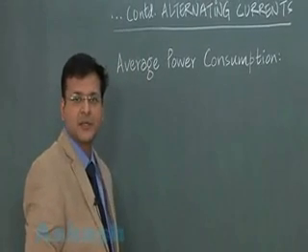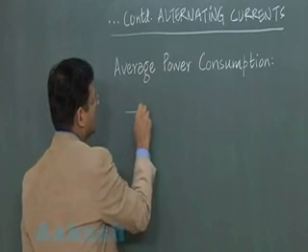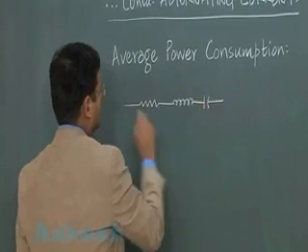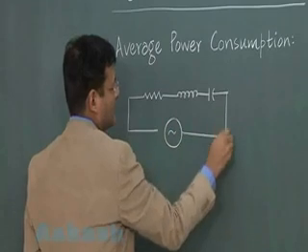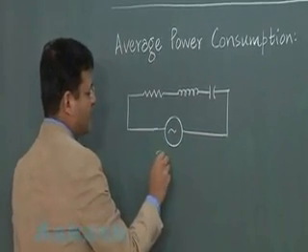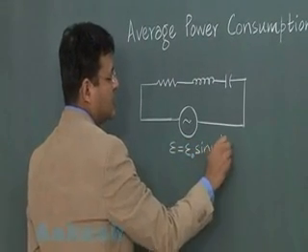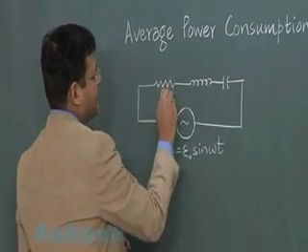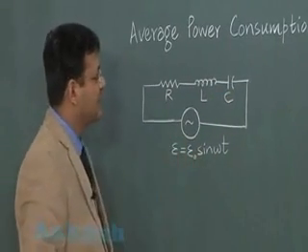For this particular discussion, let us consider a general RLC circuit in which, let us suppose, the EMF imposed, which is alternating, is E naught sin omega t, and let us suppose the elements are resistor, inductor and capacitor.